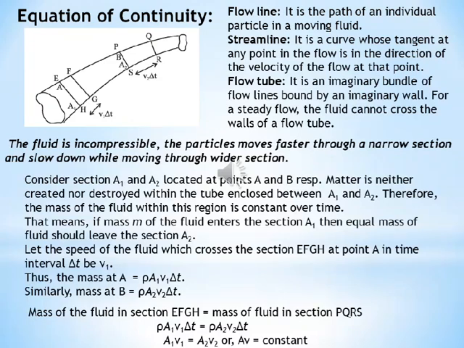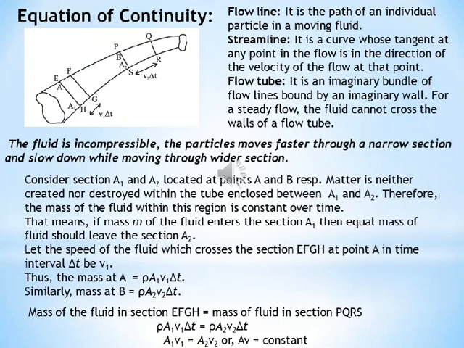So what we have seen is the mass of the matter. Here the matter is fluid. If we consider the fluid to be water, then the mass of water will be the same. When it enters section A1, an equal mass of fluid should leave section A2. V1 and V2 are the speeds.